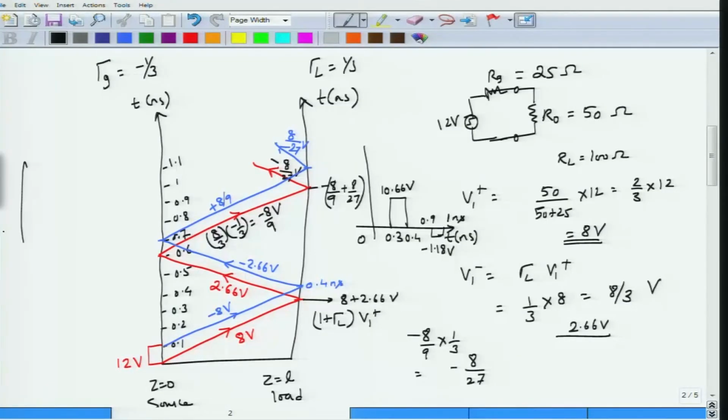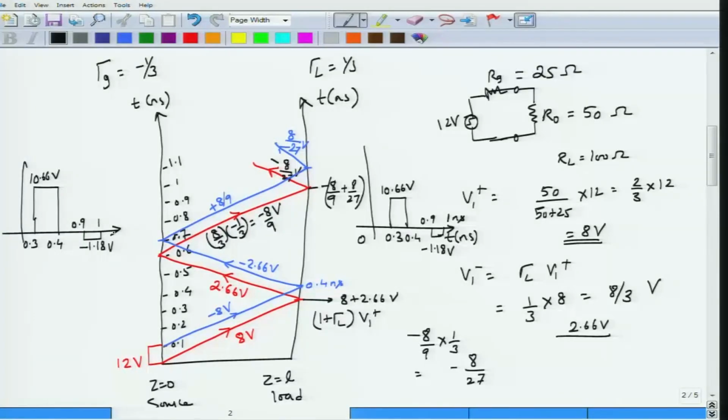So let me redraw that one over here just to clear up all the confusion. This pulse amplitude is 10.66, starts from 0.3, ends at 0.4. Then the next pulse, which is because of the reflection due to the mismatch between the source transmission line and the other one, you are going to get another pulse at 0.9 nanosecond and lasting until 1 nanosecond, okay, and this value is minus 1.18 volt.